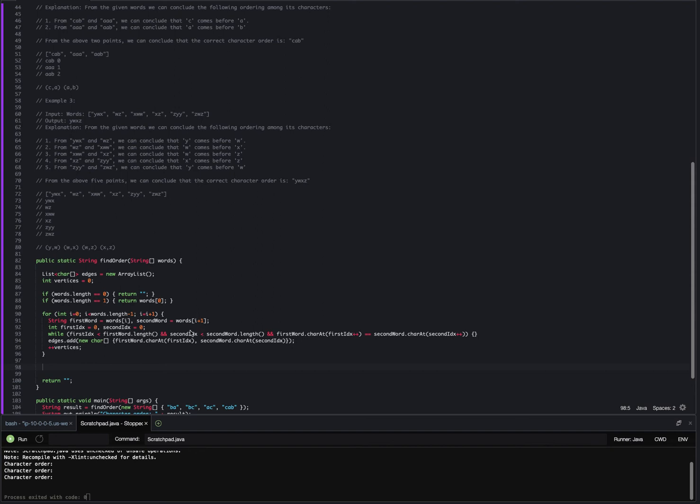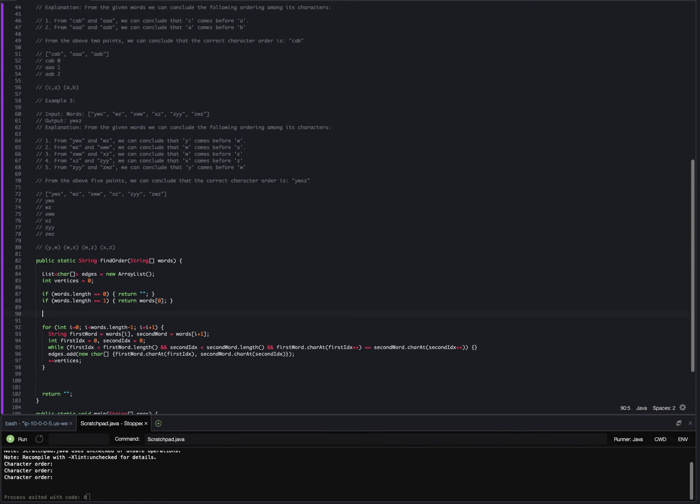Okay, so what I'm thinking, we can do another set of optimizations here. Maybe we don't have to do this separately. Let's see if we can do it together. So let's talk about the graph, right? So let's initialize the graph. Let's initialize the integers first.